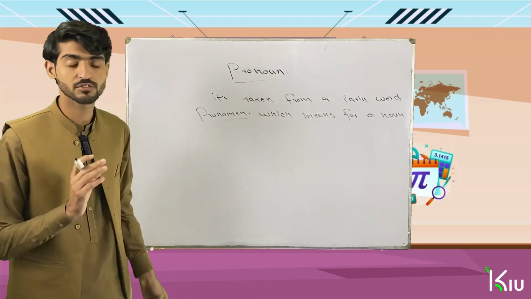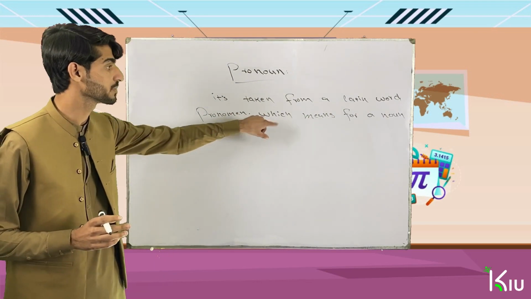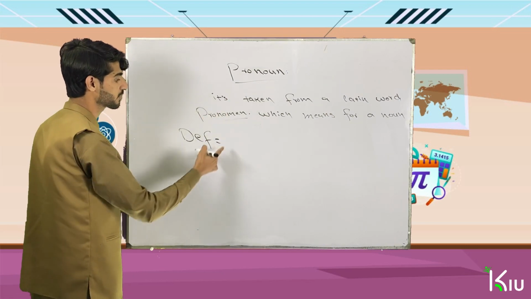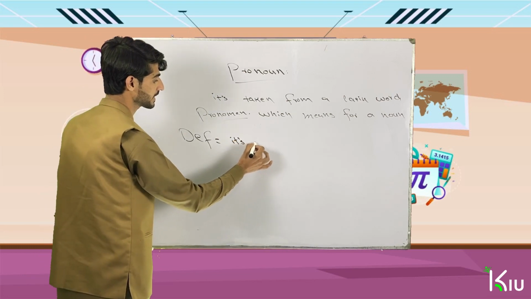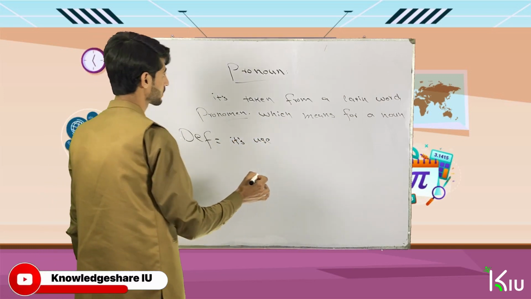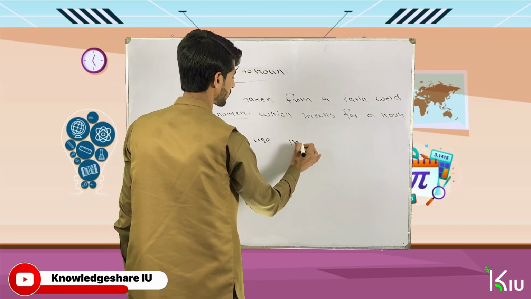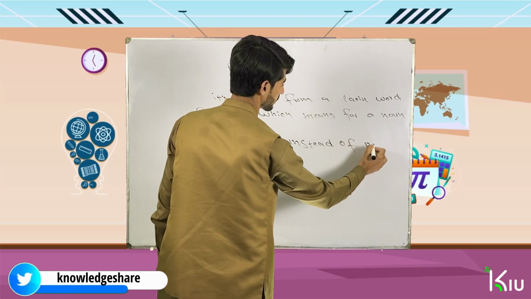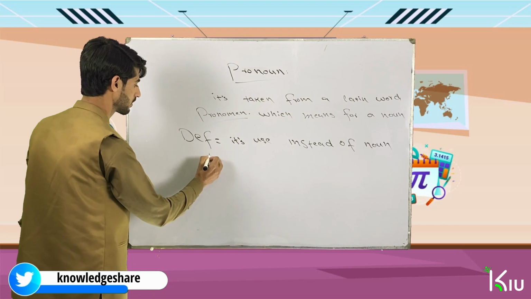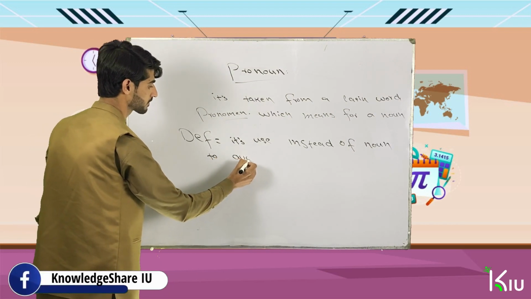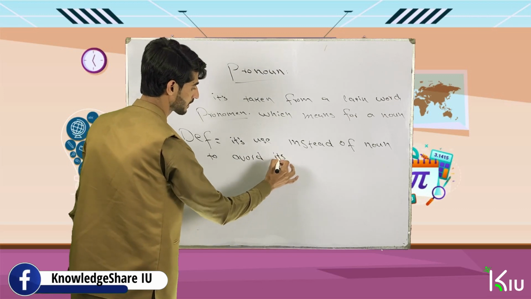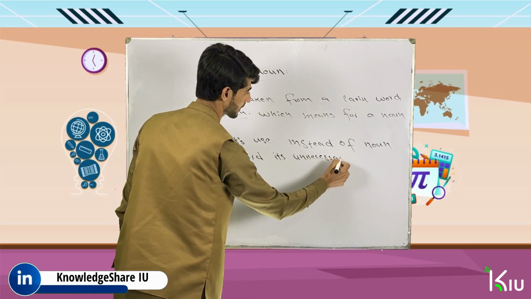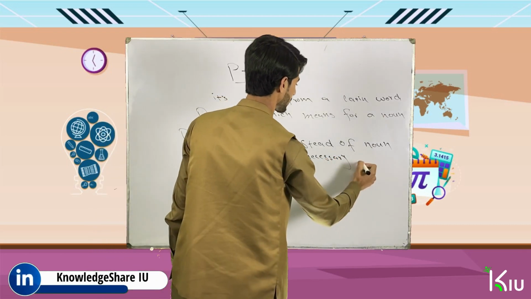Okay, pronoun is a word which is taken from a Latin word, and the word is pronomen, which means for a noun. So the definition will be like this. Definition, that pronoun is a word, it is used instead of noun to avoid its unnecessary repetition.